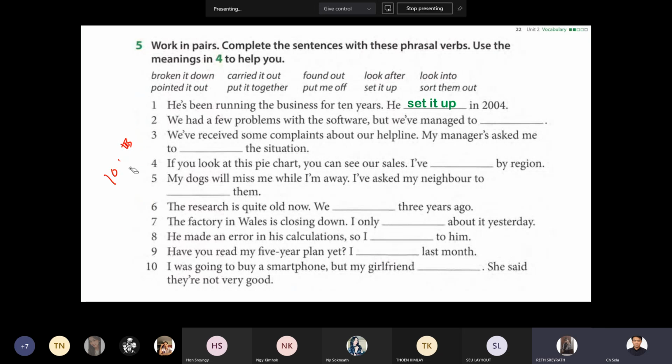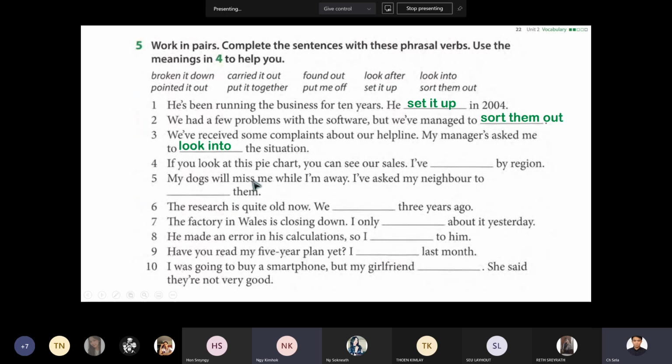Number two, we had a few problems with the software, but we managed to sort them out. Okay, very good. Number three, we've received some complaints about our helpline. My manager asked me to look into the situation.